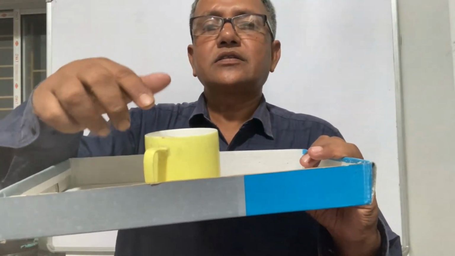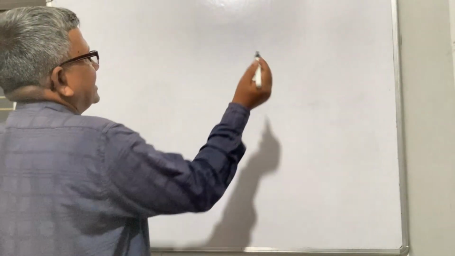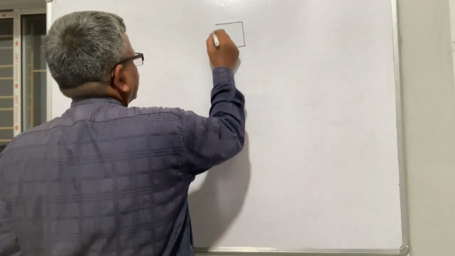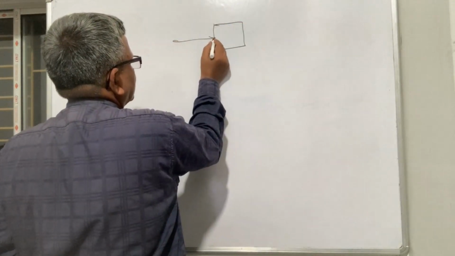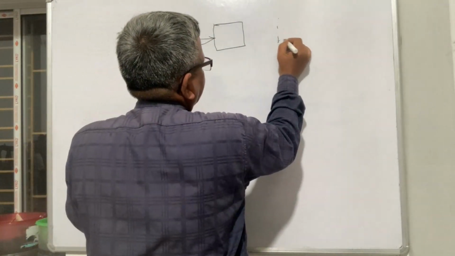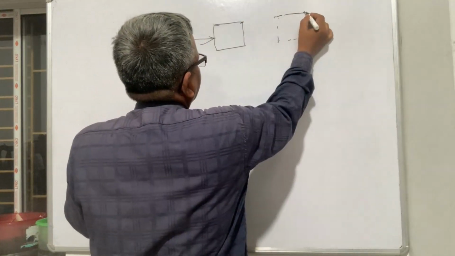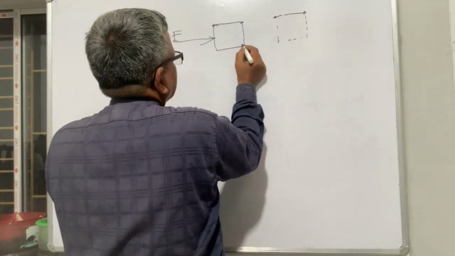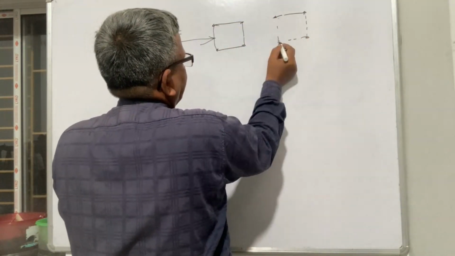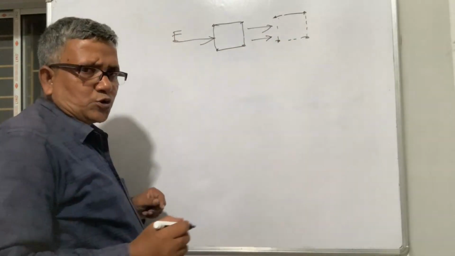It rotates. How, sir? We can discuss in this way. This is a box lying on the table. I am giving force here, so this point moves here, this point moves here, this here. I can say this is translatory motion.